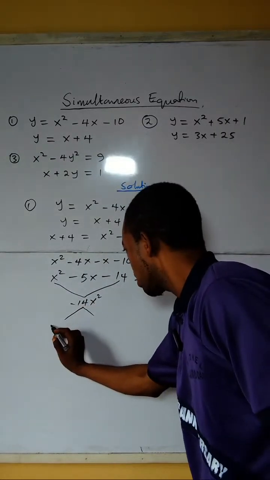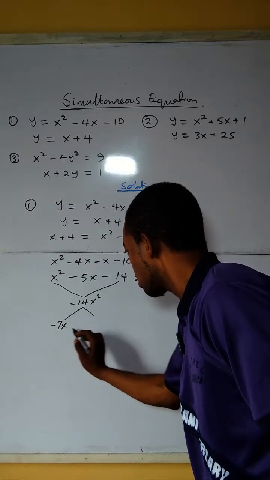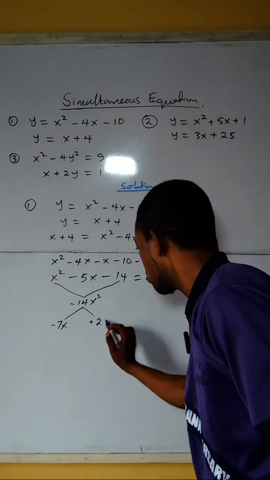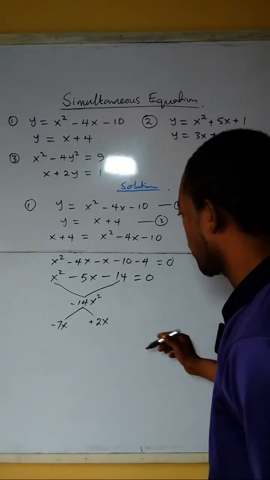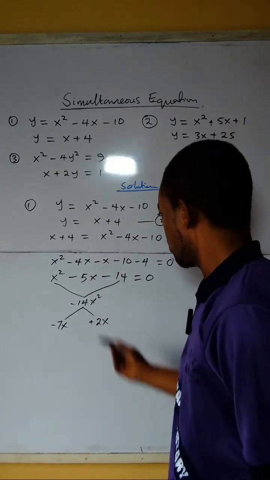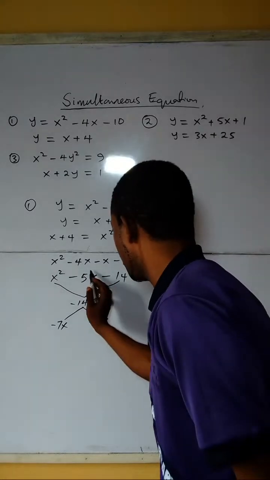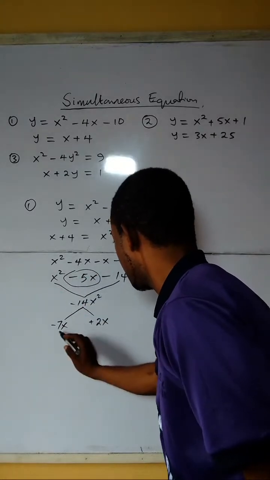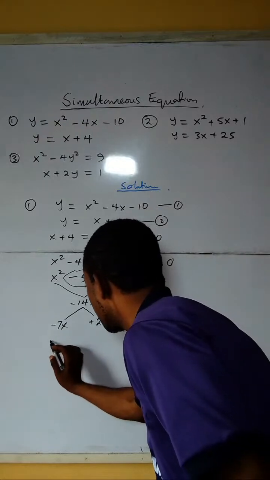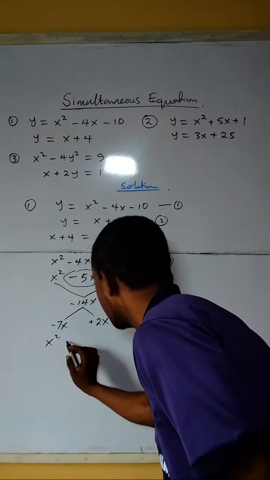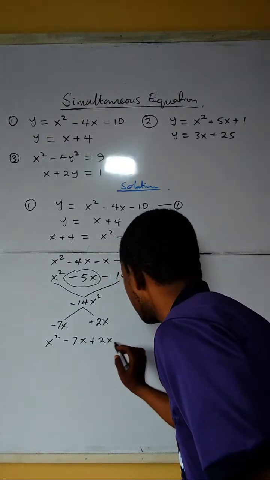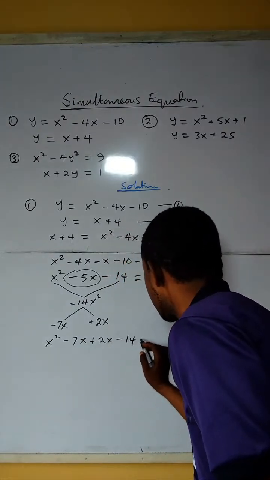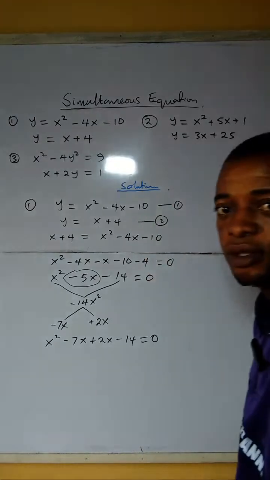So this will be minus 7x, then plus 2x. The product gives us minus 14x squared, and the sum gives us minus 5x. Then we can replace minus 5x with these two terms, and we have x squared minus 7x plus 2x minus 14 equals 0.